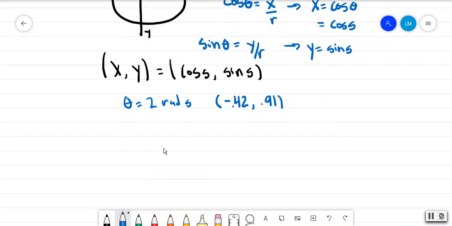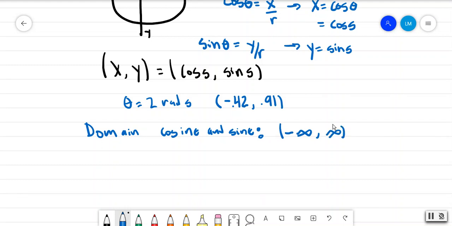So if that's the case, then the domain for cosine and sine would have to be from negative infinity to infinity.